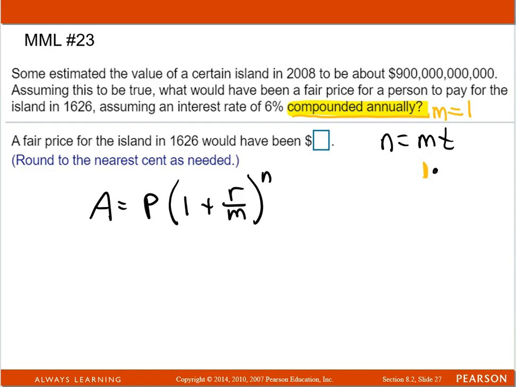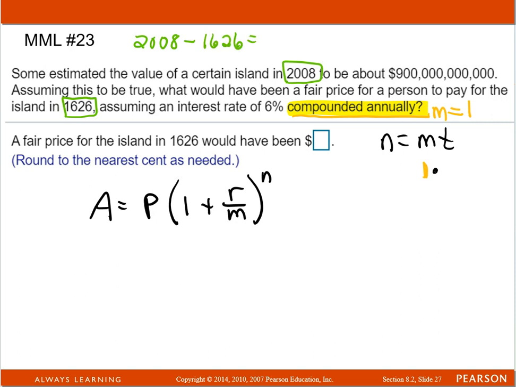Okay, on this one to get time, I have to do a little math. The number they gave me was for 2008, and we want to go back in time to the year 1626. So we need to figure out how many years have gone by.